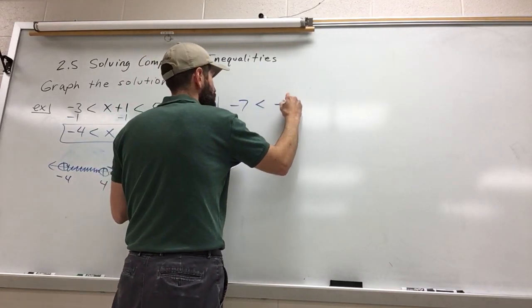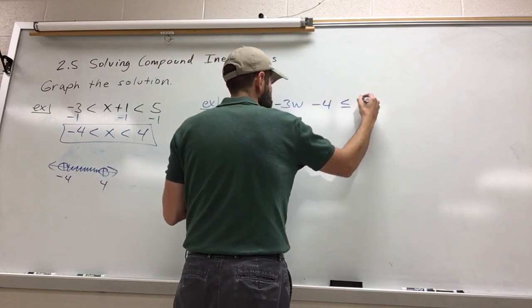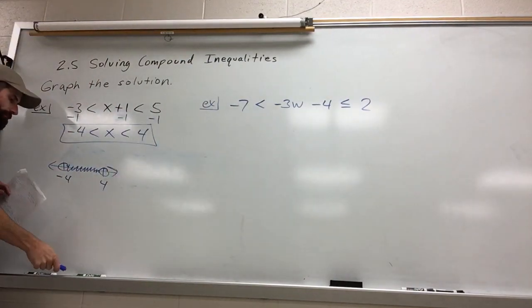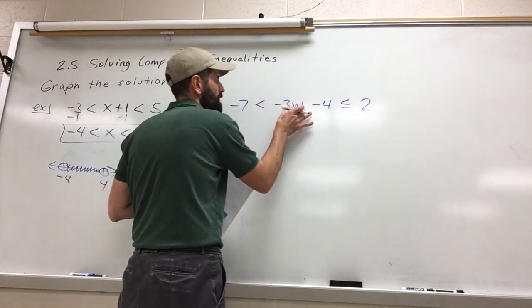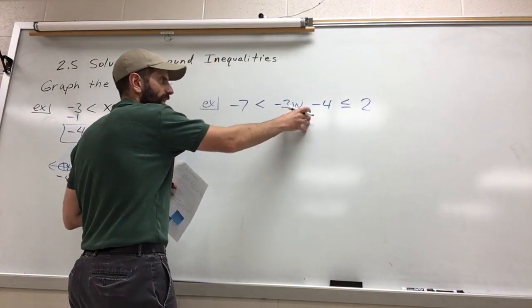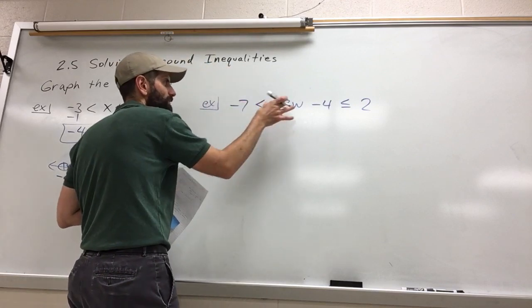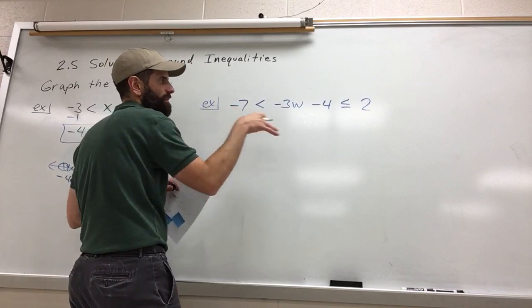-7 < -3w - 4 ≤ 2. This is another "and" problem. And we still want to solve for w in the middle. I could divide every single thing by -3, but that would introduce fractions and stuff.